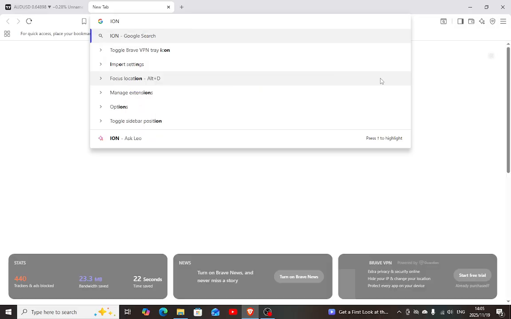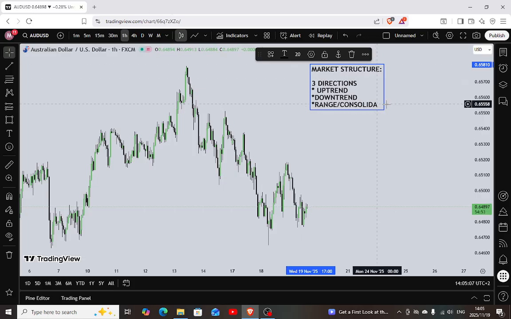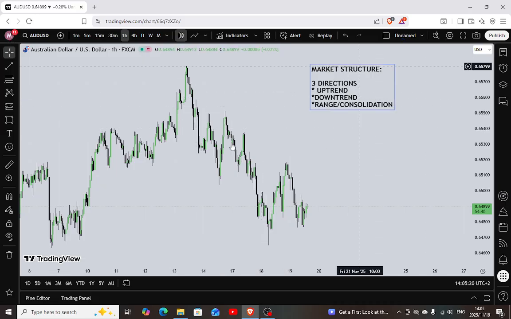Oh my god, what did I do? Slash consolidation range, right? So basically the market can only move in those three directions. There's no other way.